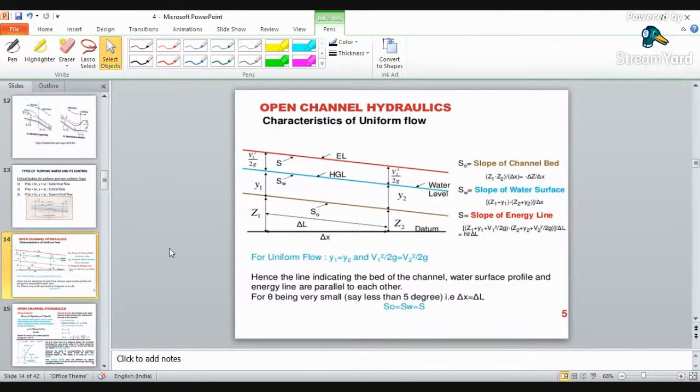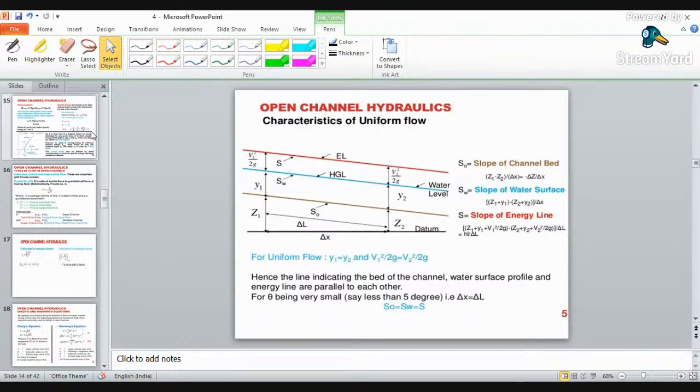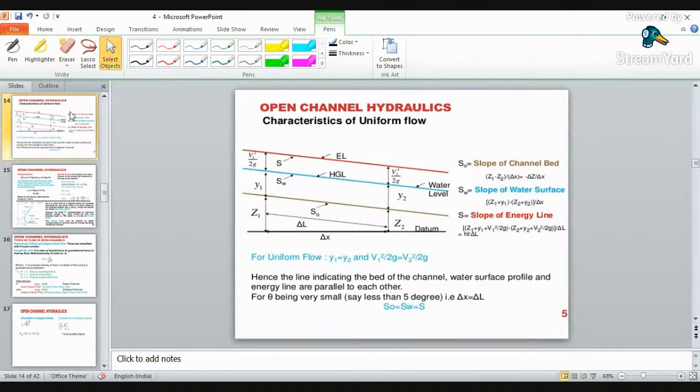Now we will derive an equation. Just assume this open channel. Now observe this open channel. In this channel, we have assumed one water surface which is at a distance of z from the datum line, which is inclined to the datum line.